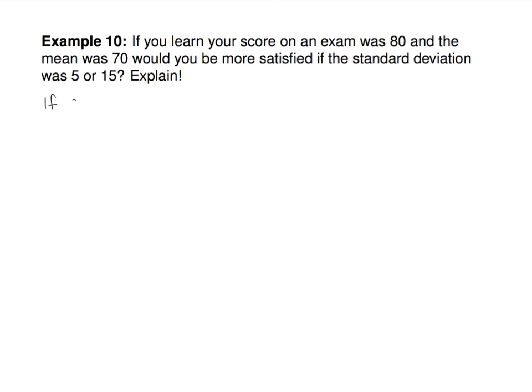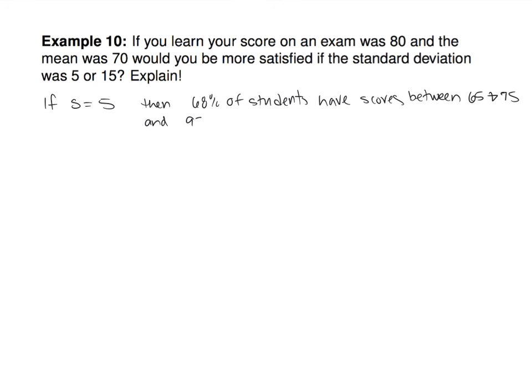Okay, so if the standard deviation was 5, then 68% of students have scores between 65 and 75, and 95% of students are between 60 and 80.